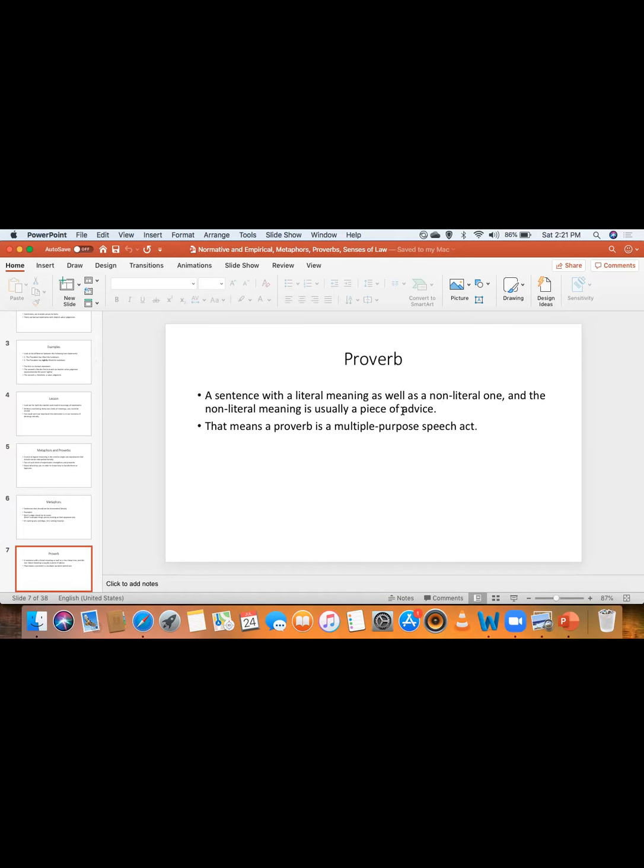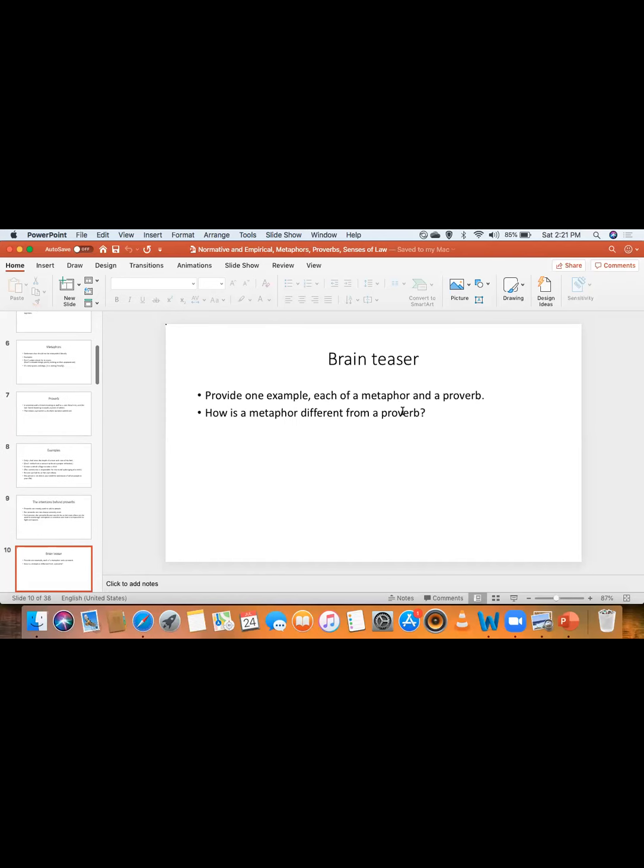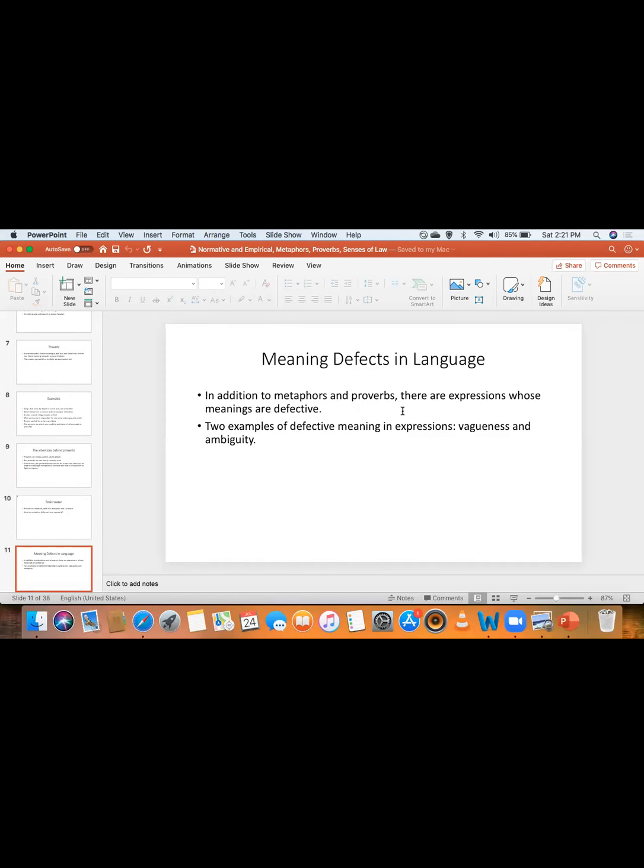Metaphors, we don't interpret them literally because their literal interpretation is not often reasonable. Okay, so in addition to being able to interpret proverbs literally, their non-literal interpretation also serves to provide a piece of advice.